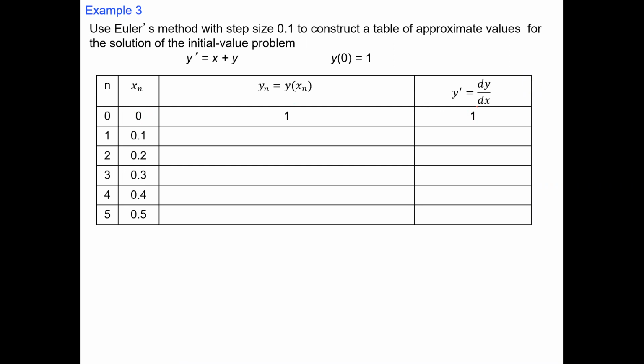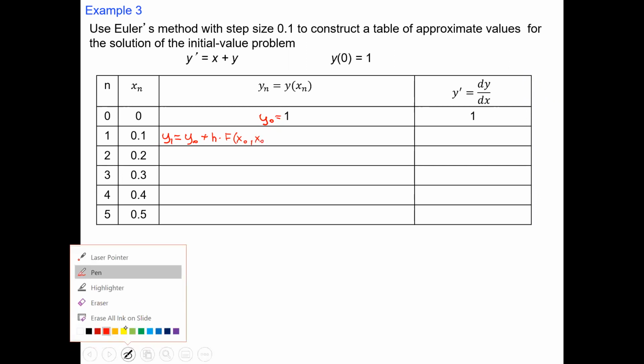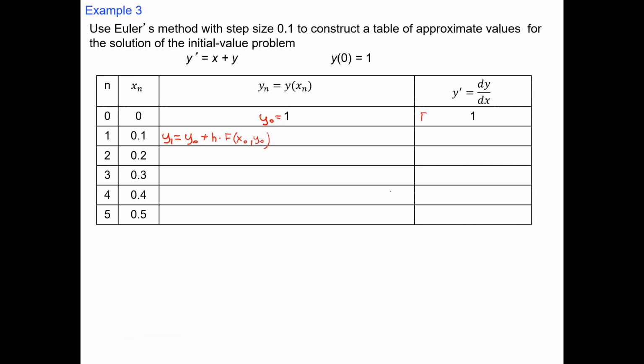Now this is actually y sub 0. Y sub 1 will be defined as y sub 0 plus h times the slope, the slope defined at the previous line. So we get 1 plus 0.1 times the slope, which is 1, so 1 plus 0.1, which is 1.1.